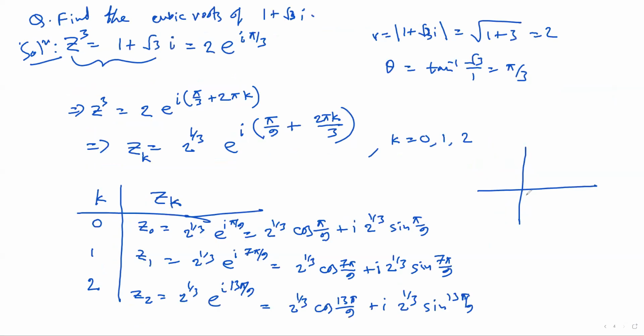Same is going to happen here as well. So what happens is we are dividing the 2 pi interval into 3 equal parts. And you can see that the modulus is constant, 2 to the power 1/3. So probably 2 to the power 1/3 is here, but the first root is not here in this example. In this example, the first root is z0, which has the argument pi by 9.